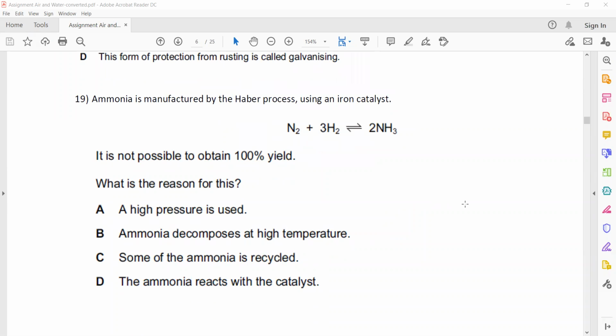Question 19. It is not possible to obtain 100% yield. What's the reason?